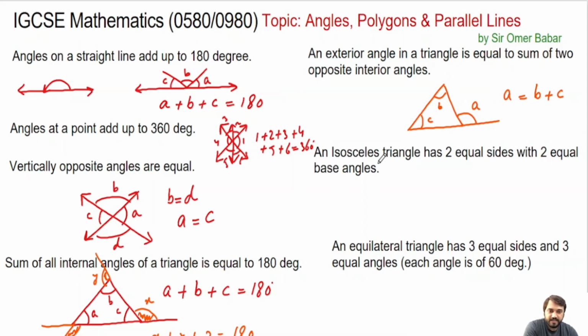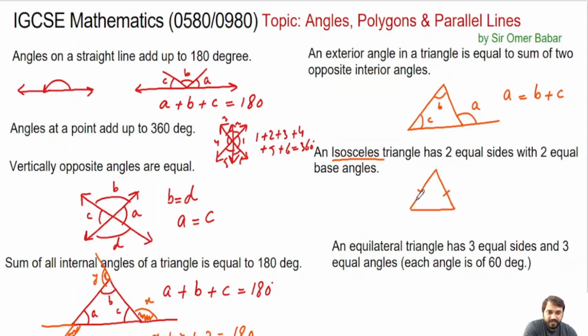The next point is an isosceles triangle has two equal sides with two equal base angles. Once again, I'm drawing a triangle here. This is our triangle. Now, in an isosceles triangle, two sides are equal. Let's say these two sides are equal.